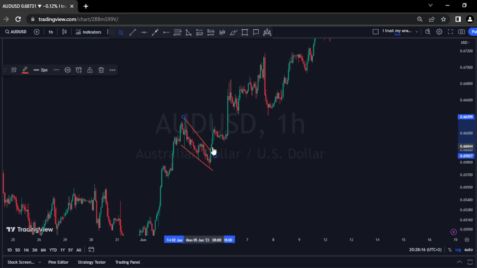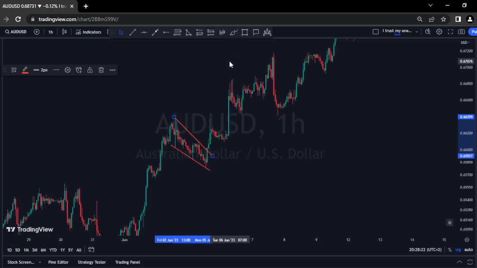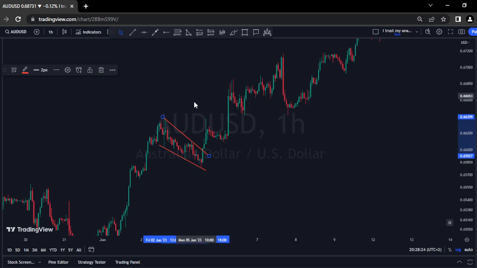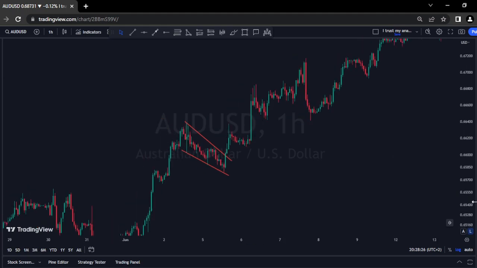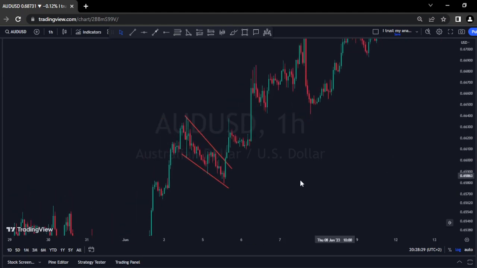See, when I say that breakout, this candle right here. Let me just try and zoom. I'm giving you the T. As you can see, this strong candle broke out, and here we're continuing.